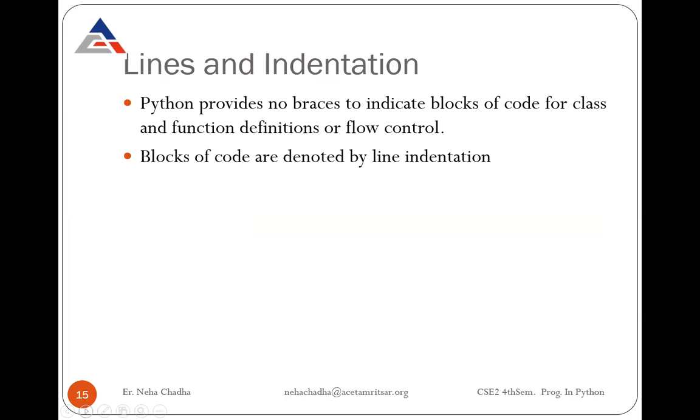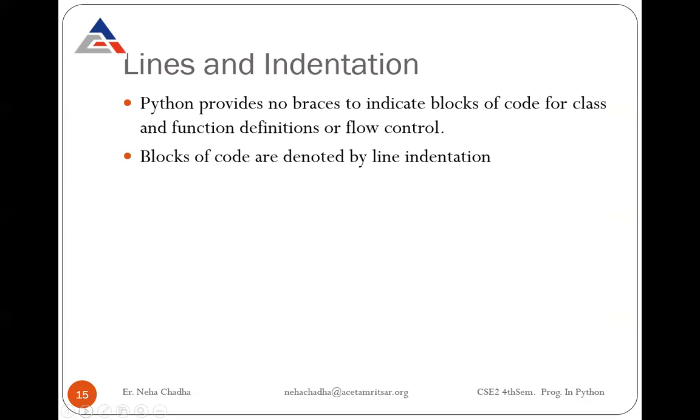Then the lines and indentation. Python provides no braces to indicate blocks of code for class and function definition or flow control. As you are clear with, in C++, we use braces to identify the flow control, to identify the block control. Okay. But in the case of Python, there are no braces available. There is only indentation available. Indentation means spaces are available.